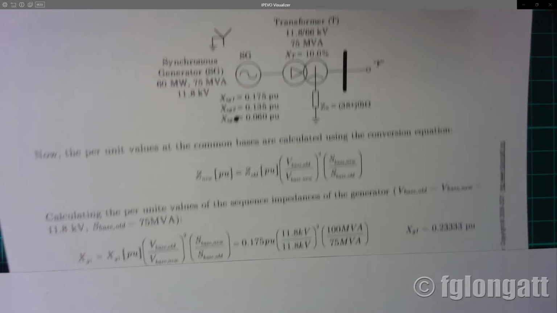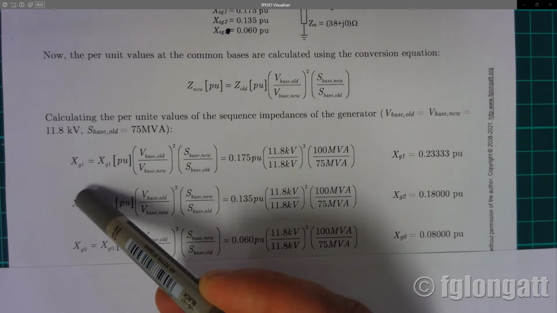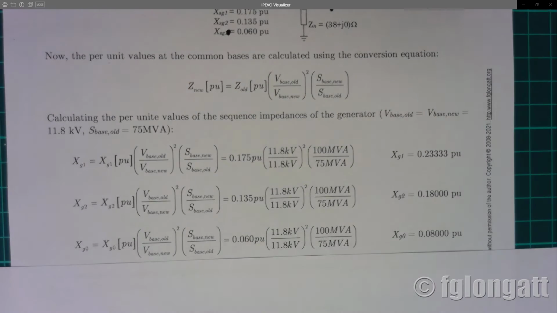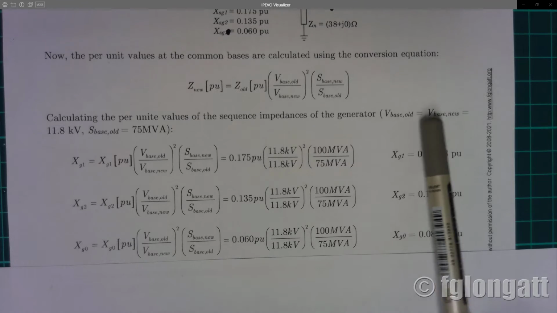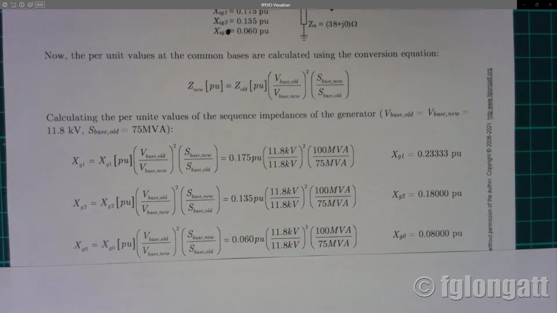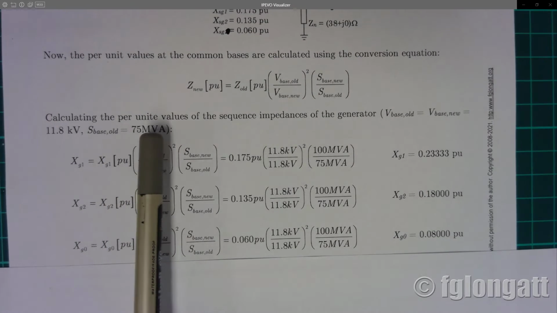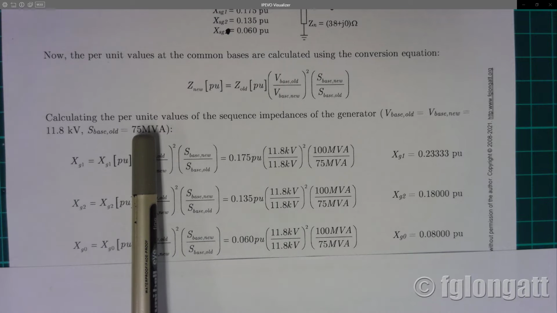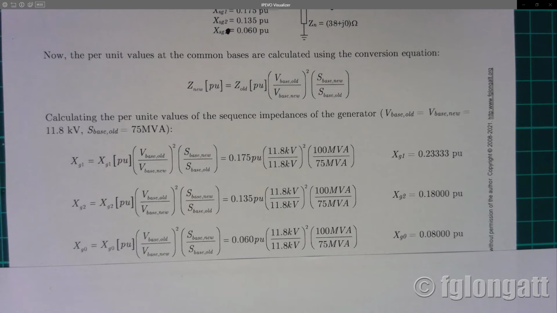The generator has three different reactances, because we have positive, negative, and zero sequence. And what we need to do is use this equation for the positive, negative, and zero sequence, but keep in mind that the voltage base is the same, 11.8 kV, but we need to change the apparent power. 75 MVA is the old base, and we need to transform to the new one that is 100 MVA.